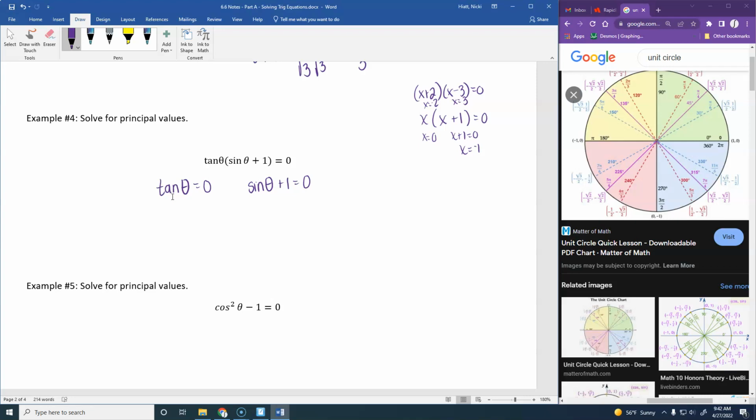That happens at 0, right? Because our sine here is 0 and our cosine is 1. So for this one, theta would just equal 0 degrees or 0 radians. Just get 0 for that. For the second one, we do need to subtract that 1.